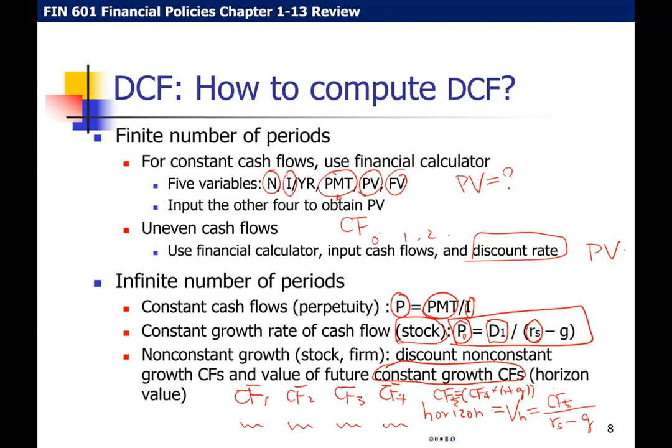So this cash flow starting from 5 is valued at time 4. Make sure to always subtract the growth rate when you're valuing a constant growth model.